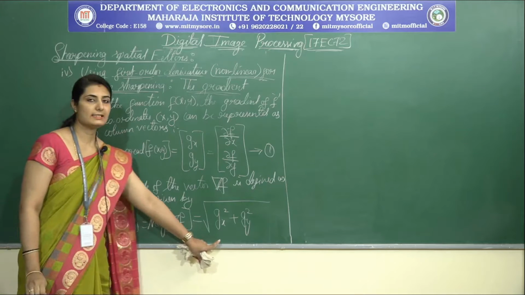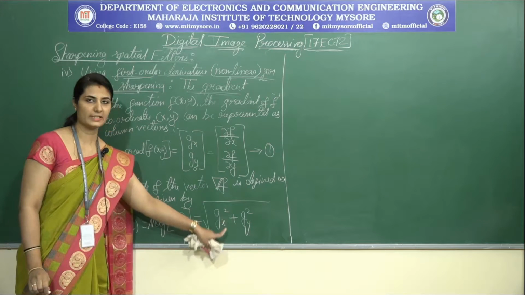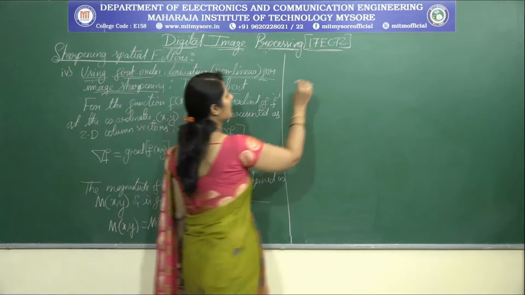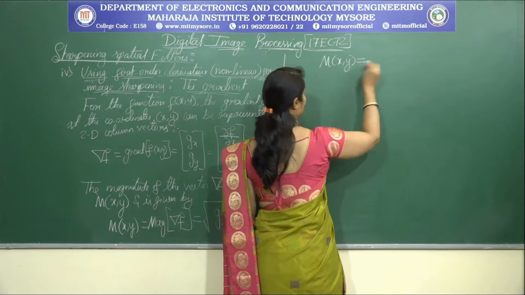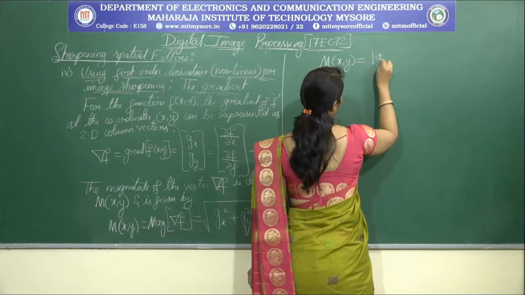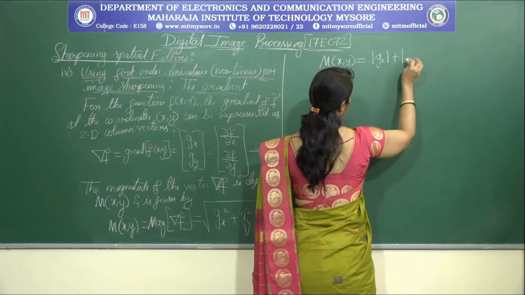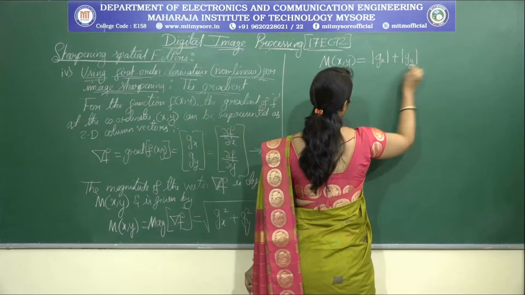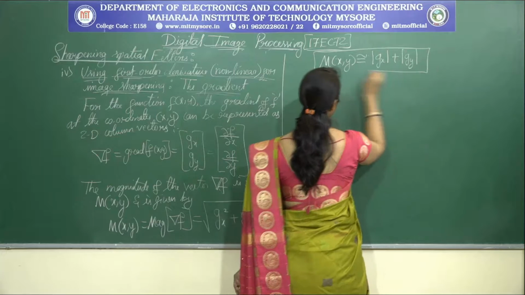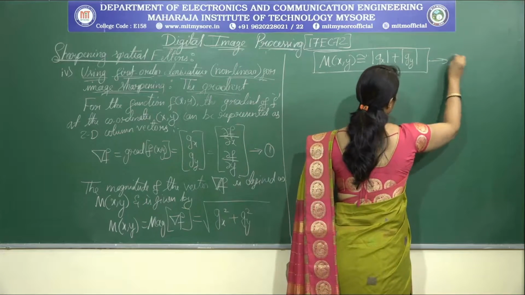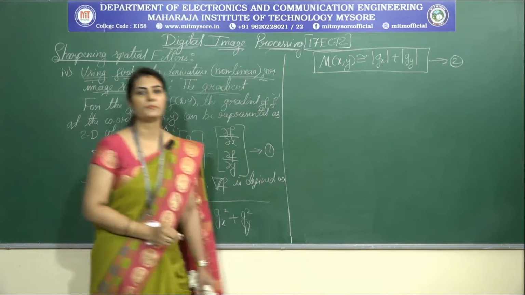So we know that the square root can be approximately represented as m of x comma y is equal to magnitude of gx plus magnitude of gy. You can approximate to this value, which I call as equation number 2.